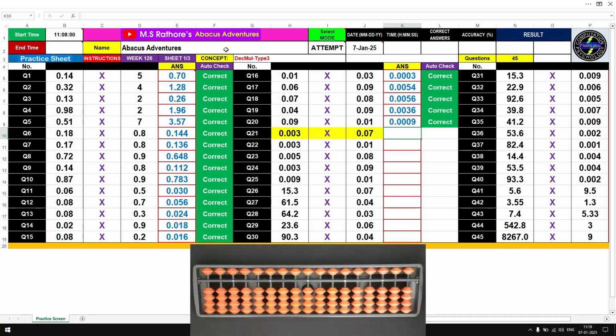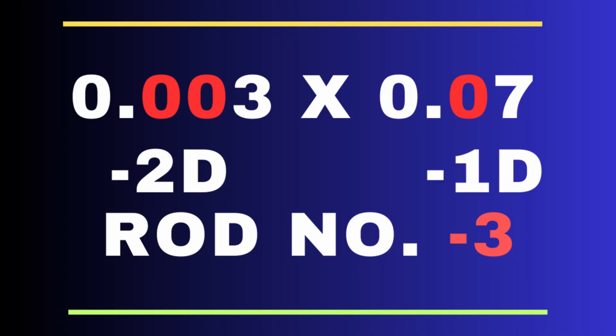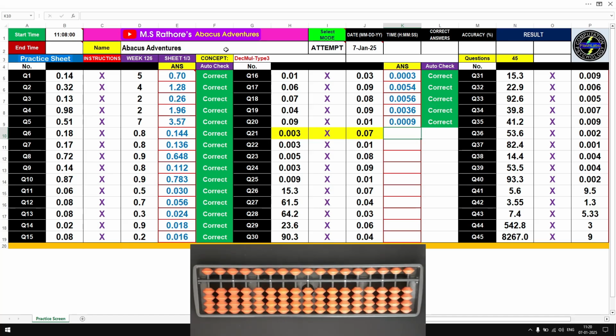Question number 21 is different from the previous questions because there are two zeros after the decimal point in the multiplicand and there is 1 0 after the decimal point in the multiplier. So 0.003 multiplied by 0.007, we have to take rod number -3 in this case. -2 from the multiplicand, -1 from the multiplier.